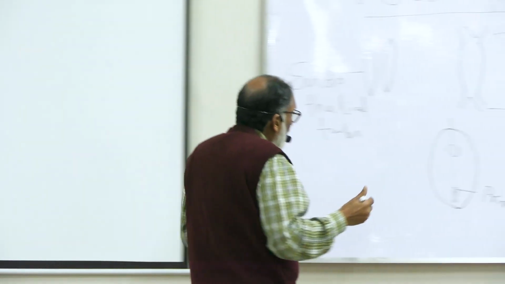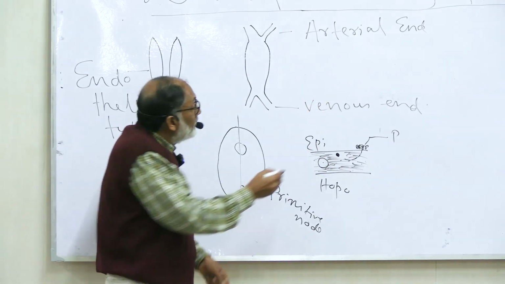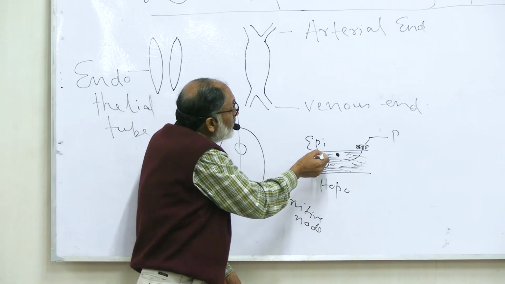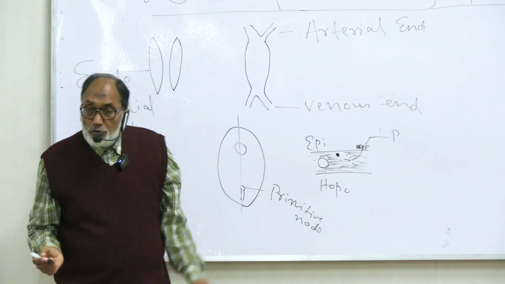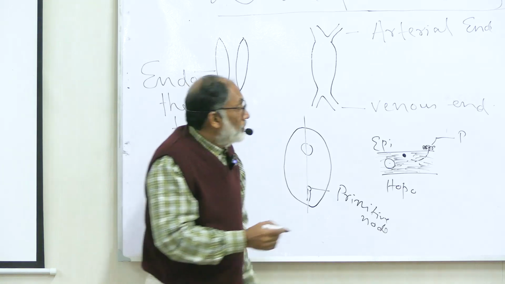Pericardium means it is the part of the intraembryonic coelom which lies at the cephalic position and just midline. And I have already told you, it has divided this intraembryonic mesoderm into two parts. This one is called somatopleuric mesoderm, and this part is splanchnic mesoderm, right?